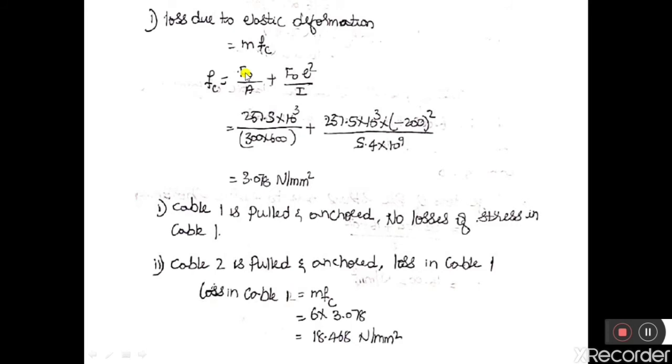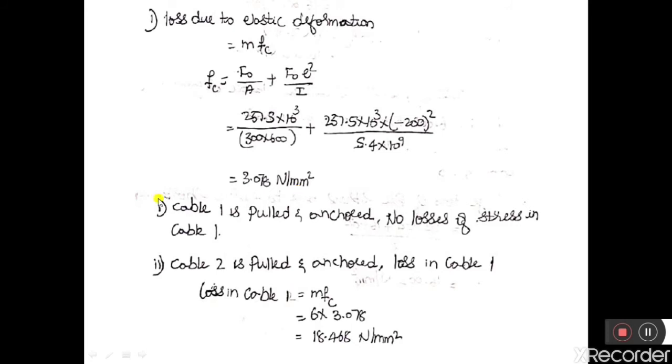So substitute the values, and we will get fc, that is the compressive stresses developed in the concrete with respect to the CG of tension steel. So fc is equal to 3.078 Newton per mm square. Here we will get only one fc because the cables are straight cables and have a constant eccentricity of 200 mm.